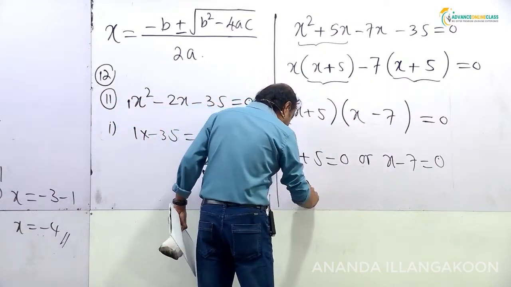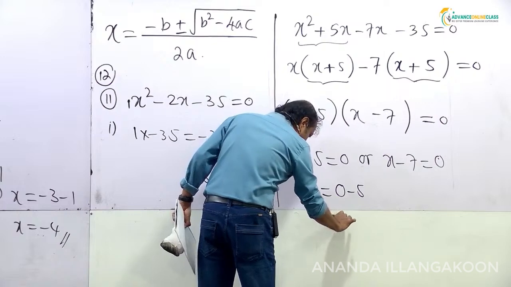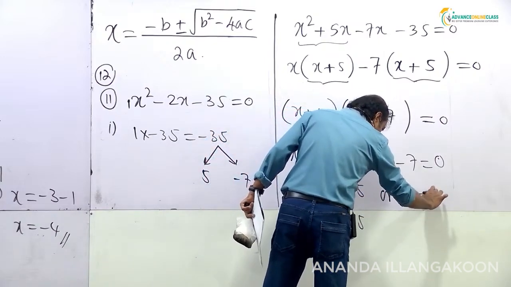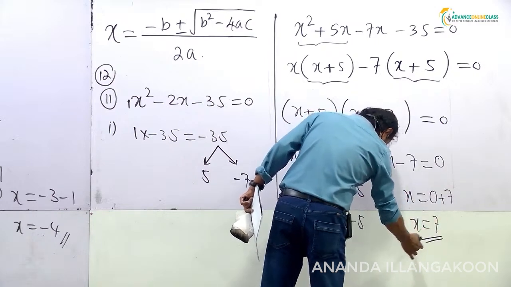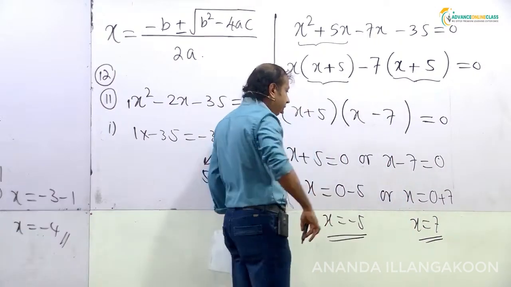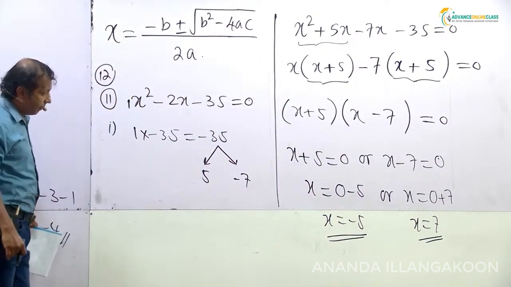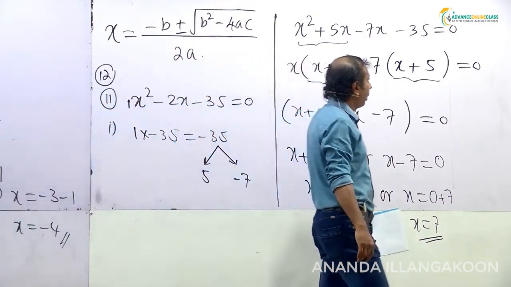Take this right hand side. x is minus 5. x is 7. Okay. Minus 5 and 7.